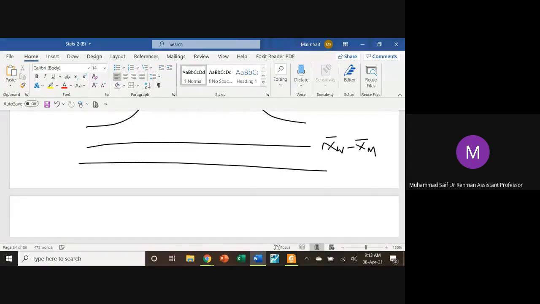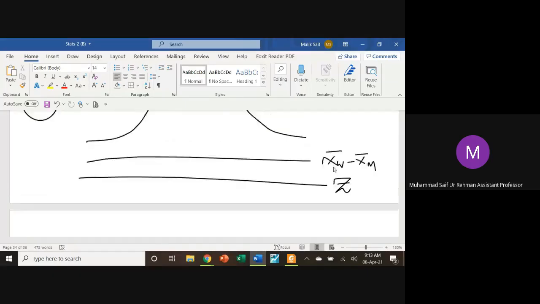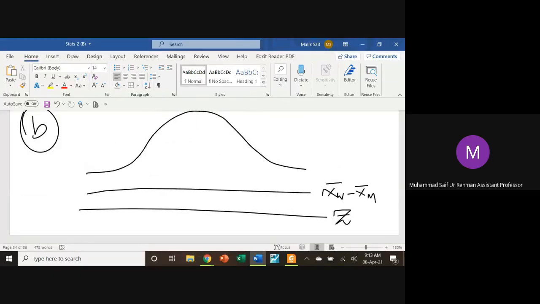This will be the scale, and here it will be z scale. Why? Because standard deviations are known. So in the center, this will be mu W equal to M, and in the center the z value will be 0.